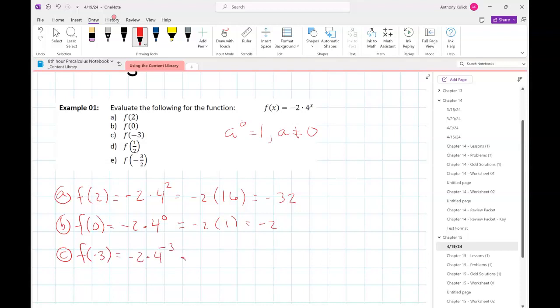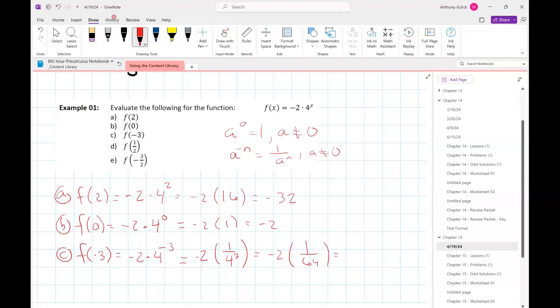How do I do 4 to the -3? What does that negative exponent mean? Yeah, it means a reciprocal. So that's going to be -2 times 1 over 4 to the +3rd. 4 to the 3rd is 64.